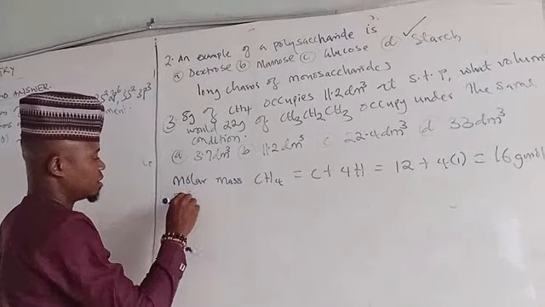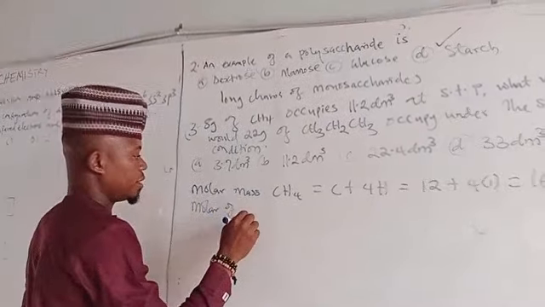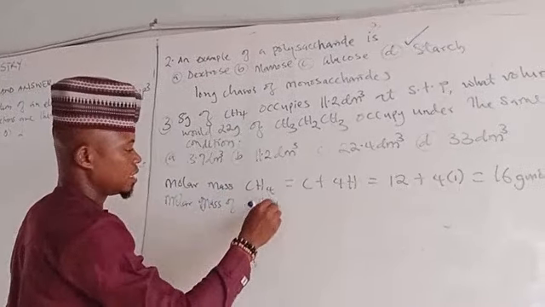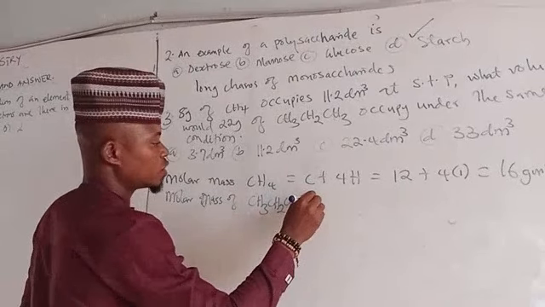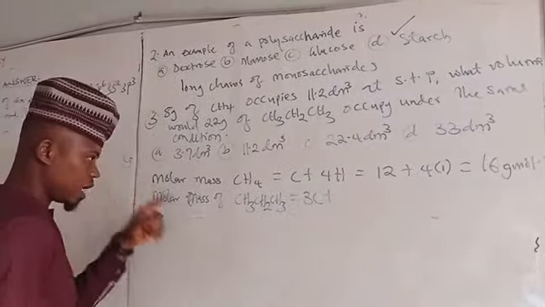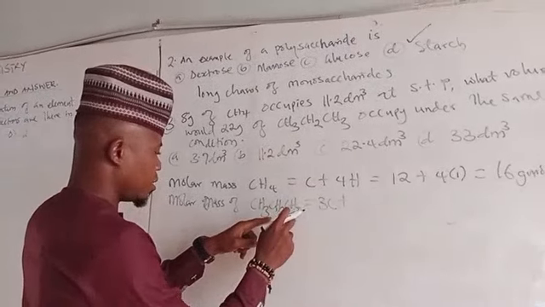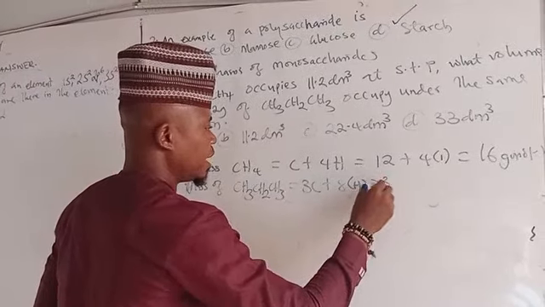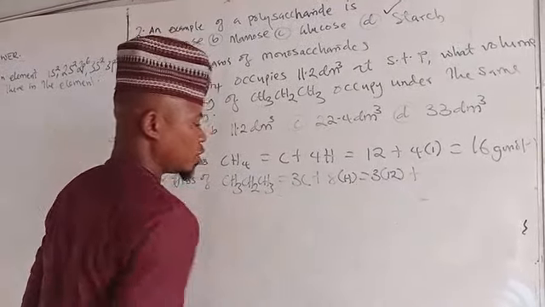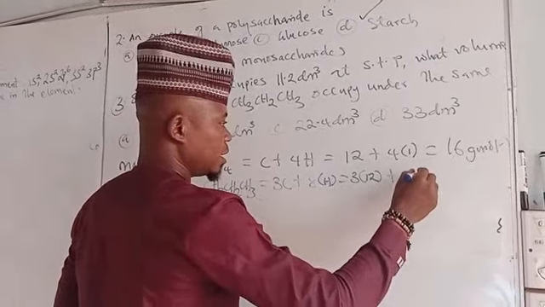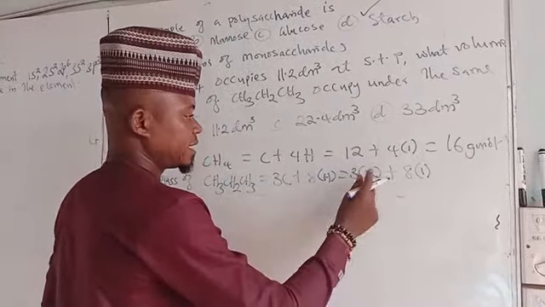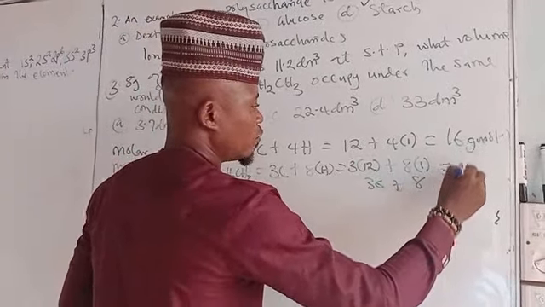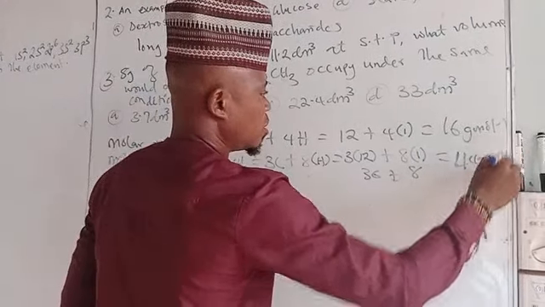Molar mass of propane, CH3CH2CH3, equals 3 carbon plus how many hydrogen? 3, 2, 3 makes 8 hydrogen, which is 3 times 12 plus 8 times 1. 3 times 12 is 36, plus 8, and this gives you 44 grams per mole.